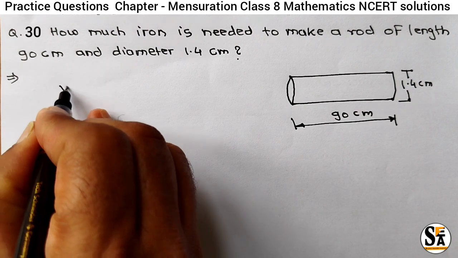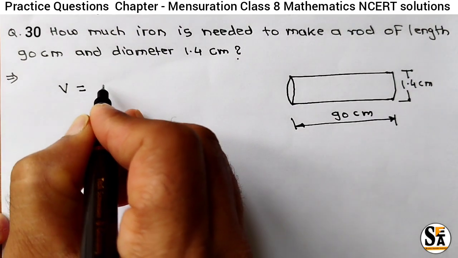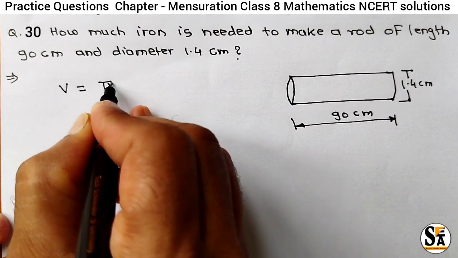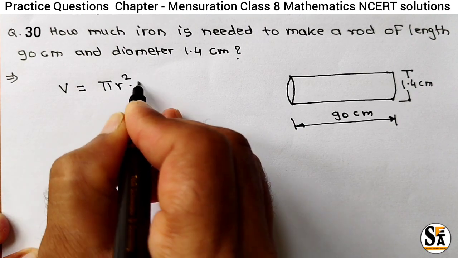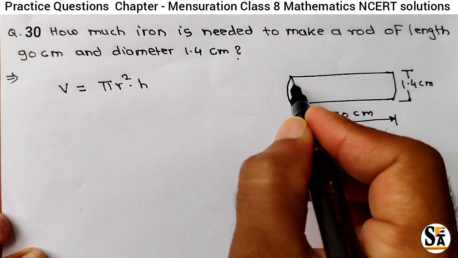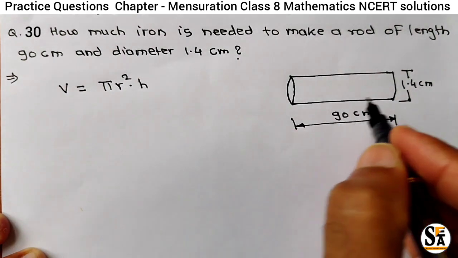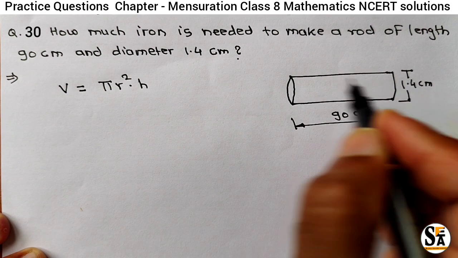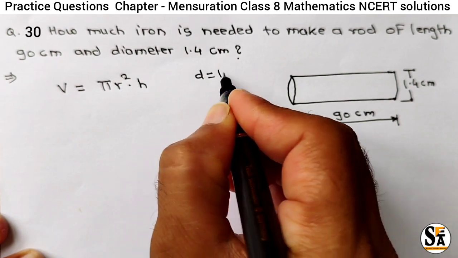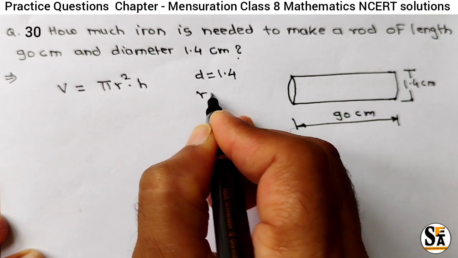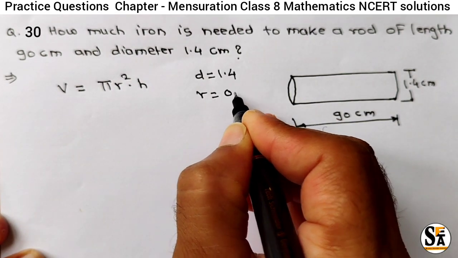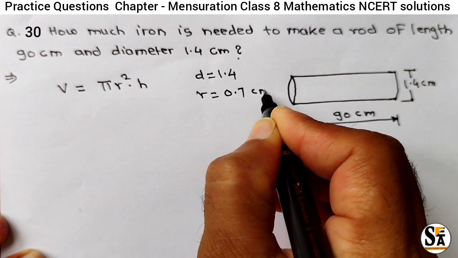So the formula for the volume of a cylinder is pi r square into h, where pi r square is the base area and h is the height. Now here the diameter is given 1.4, so d is 1.4, so the radius will be half the diameter, that is 0.7, and the unit is centimeter.